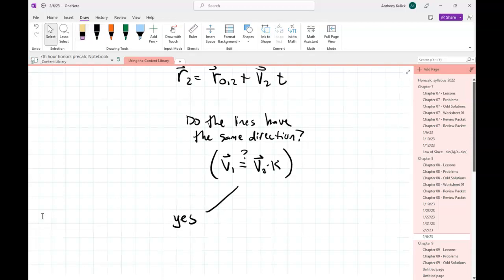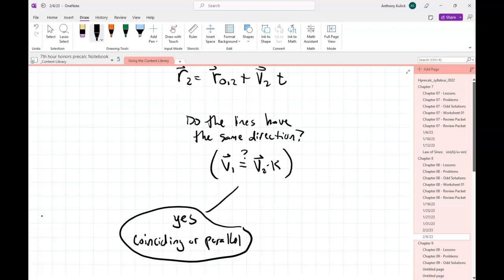If the answer is yes, they have the same direction, what are the two possible outcomes there? Good, exactly right. They'd be coinciding or parallel. If they do not have the same direction, then they must be either intersecting or NPNI.